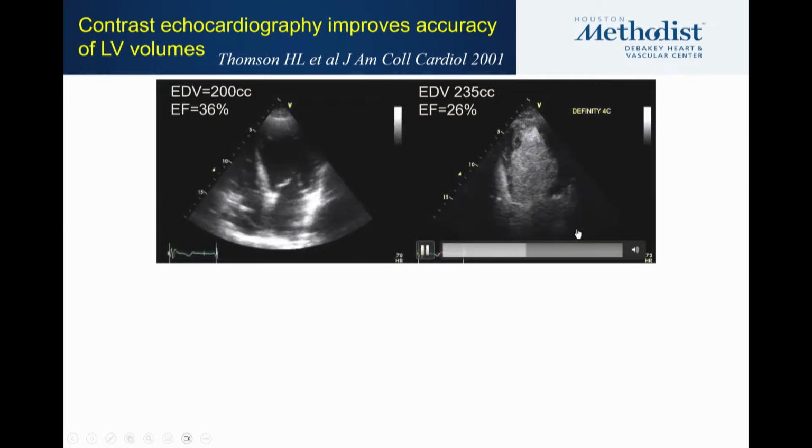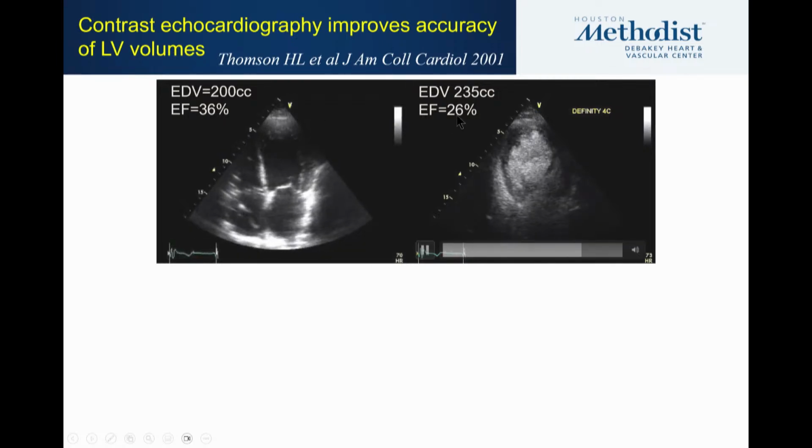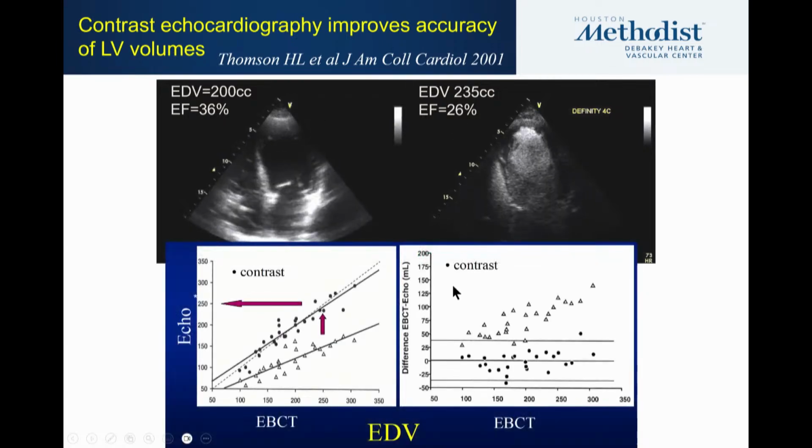However, when contrast was given, you had much better delineation of the borders. The heart actually got bigger, and the EF dropped. And of course, that would be an important finding if you were trying to make decisions regarding ICDs and so on. And that's exactly what an old study published back in 2001 from Mayo Clinic showed very nicely, using CT as a gold standard.